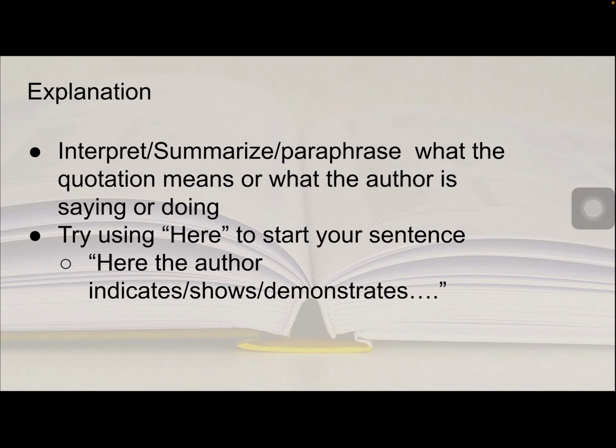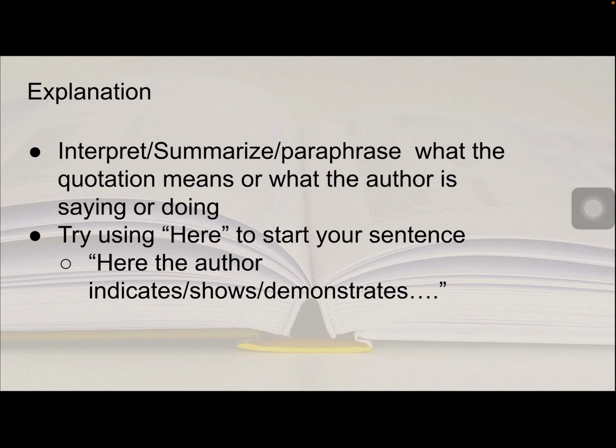The next part of your paragraph is the explanation. This is where you're going to interpret or summarize, paraphrase what your quote means. So for example, if you're proving the theme of the story using irony, you're using verbal irony, you're going to find a quote or an example in the text that shows an instance of verbal irony, and you'll put that as your example.